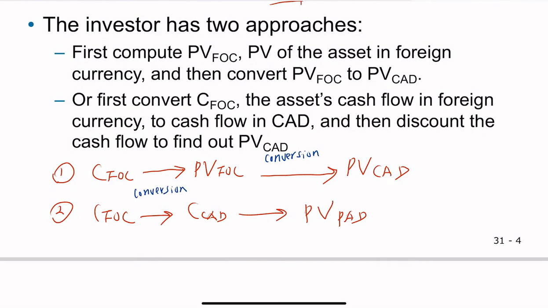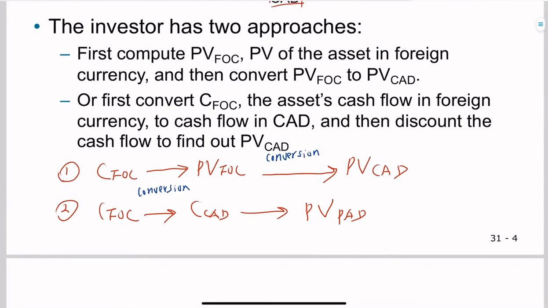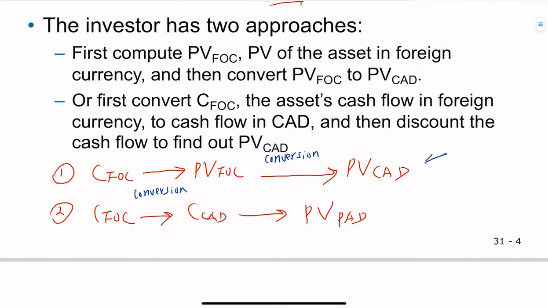And you can imagine if we are living in a world without arbitrage, and if law of one price holds, then these two methods should give us the same answer, right? In the end, this present value in Canadian dollars from the first method should be the same as the present value calculated from the second method.